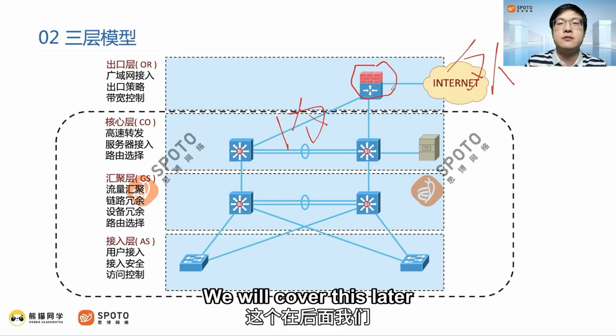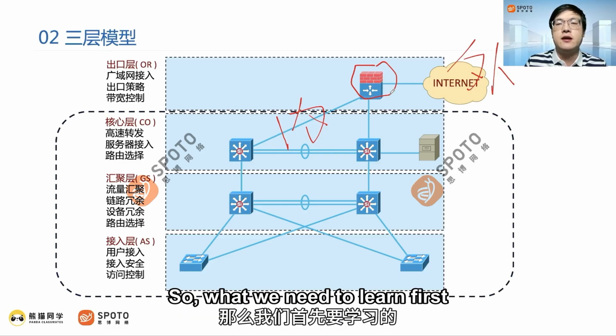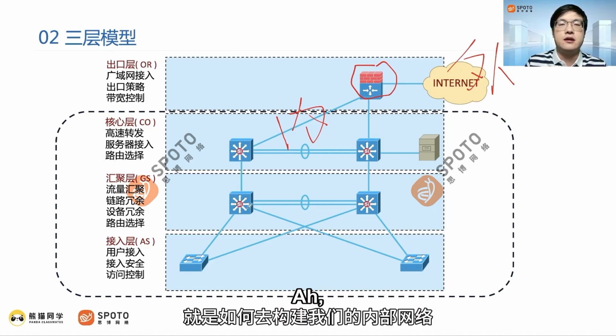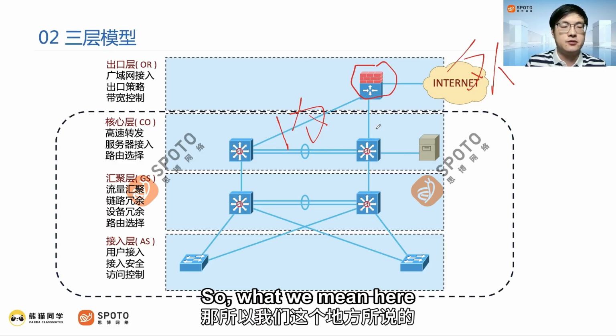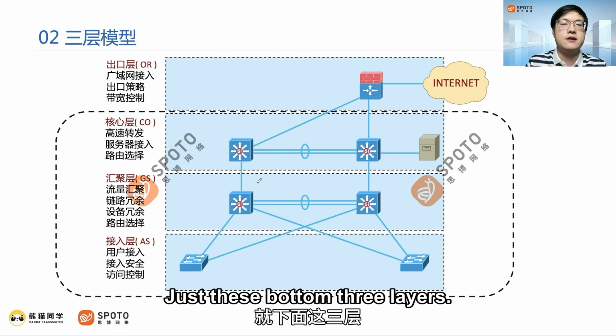We will cover this later and expand on it. What we need to learn first is how to build our internal network. First, get the internal, then we will learn how to connect at the exit point. So, what we mean here by three-layer network model actually refers to our internal network, just these bottom three layers.